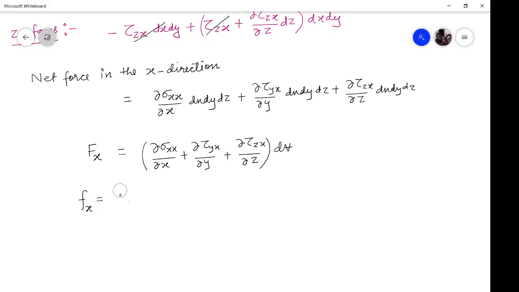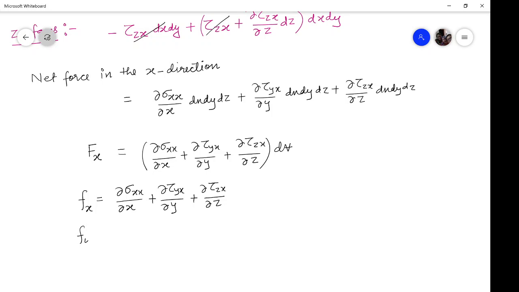The volume will come onto this side, so it is simply del sigma xx by del x plus del tau yx by del y plus del tau zx by del z. So this is the total force acting in the x direction per unit volume.